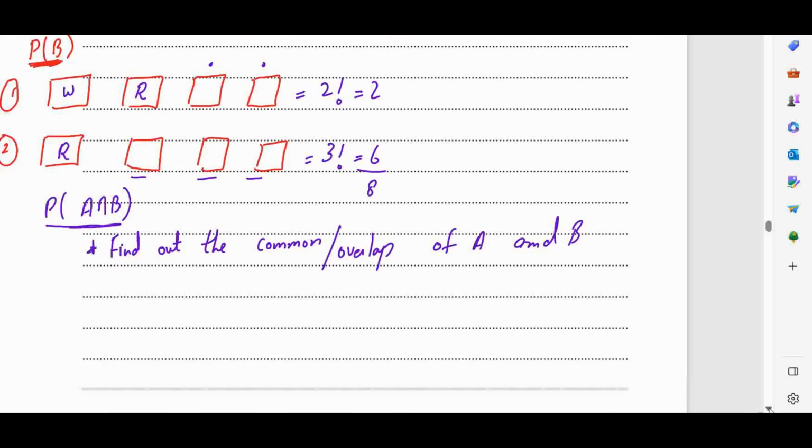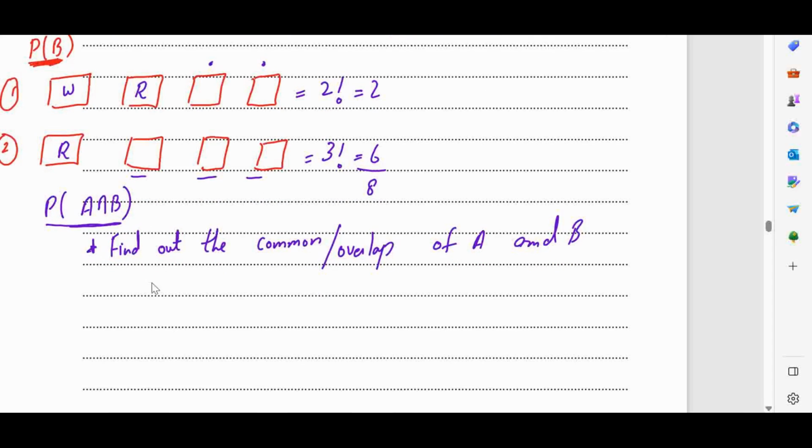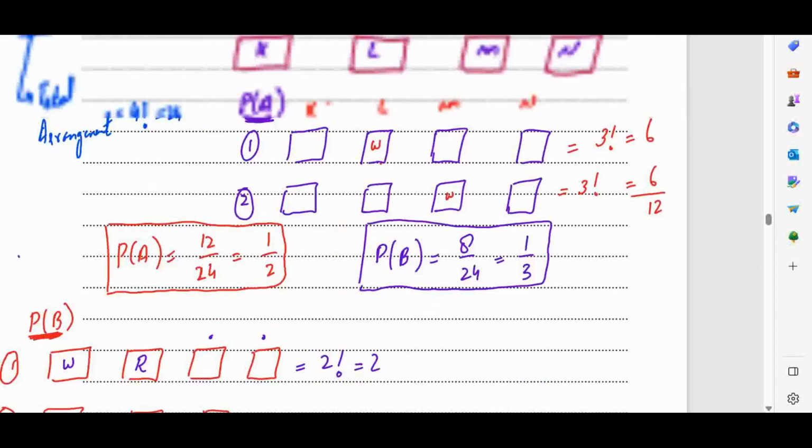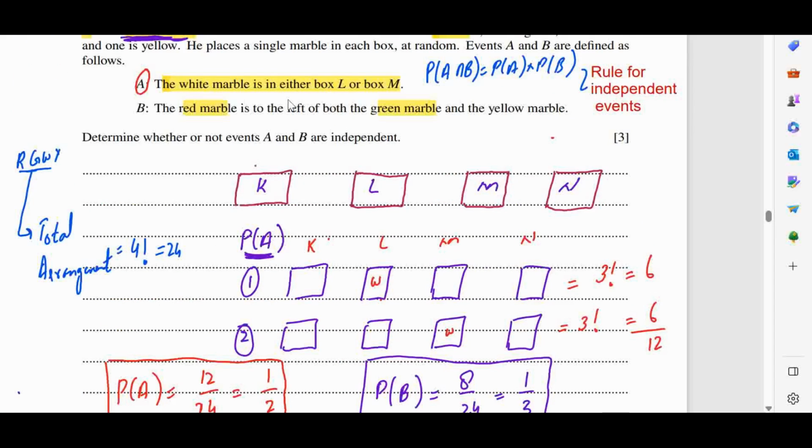So what we can do here is, let's see the first condition, that it must be R. Now it satisfies both the conditions. The first case is that white marble is either in box L or box M. And the second one is that the red marble is to the left of the green marble and yellow marble.